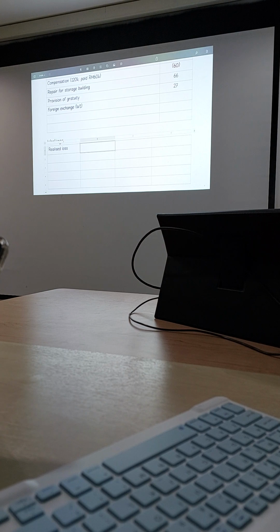Then you had realized loss. Then you had unrealized loss and unrealized gain. Correct? Follow? So realized loss, this one was nil. Correct? This one realized loss, this one you add back. Unrealized loss you also add back 120. Unrealized gain you minus off, minus 122.